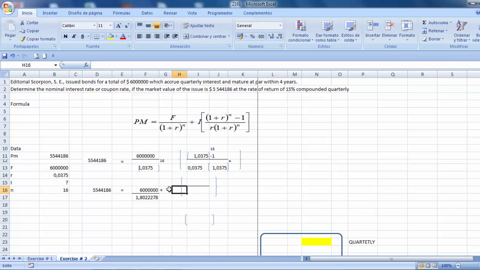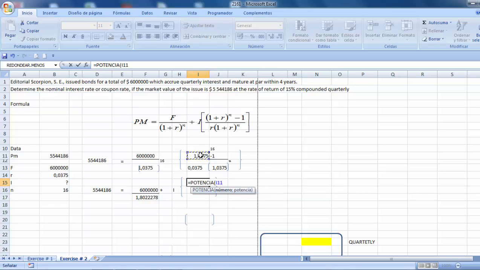Then we have to add that with I, and in the next part we use the formula for the power again. We take the same percentage, 1.03, and we elevate it to 16 again. So now we take the percentage, 0.03, and below we write the equation again.